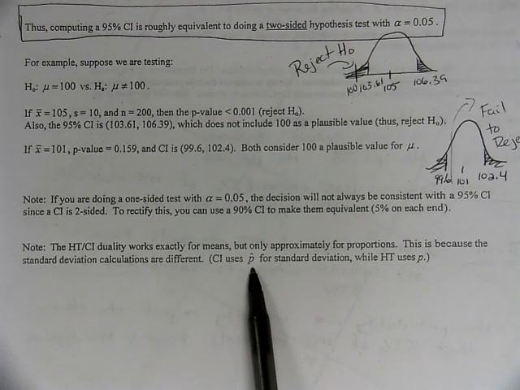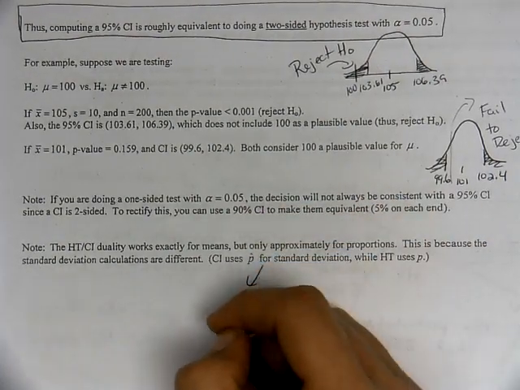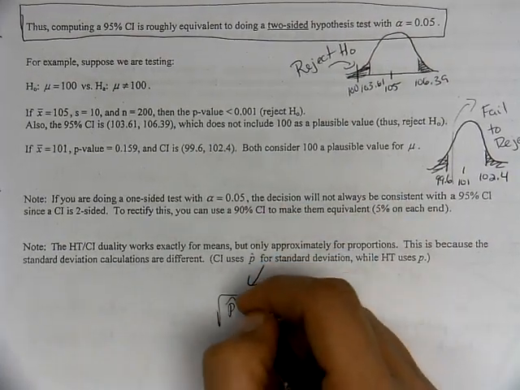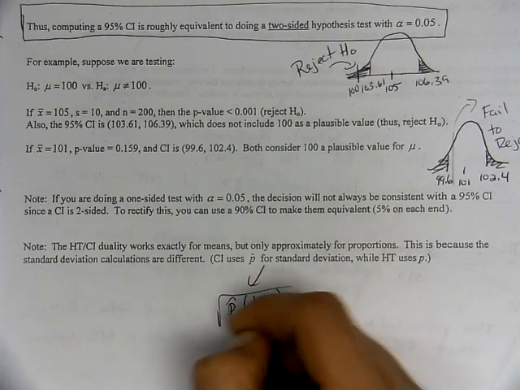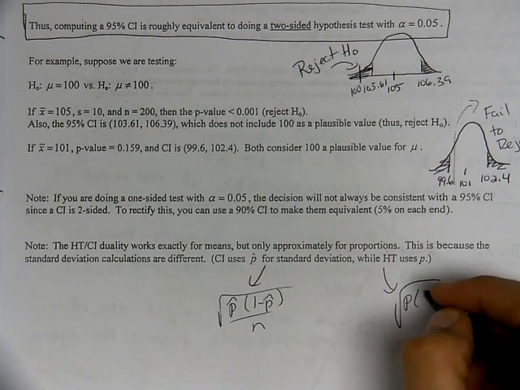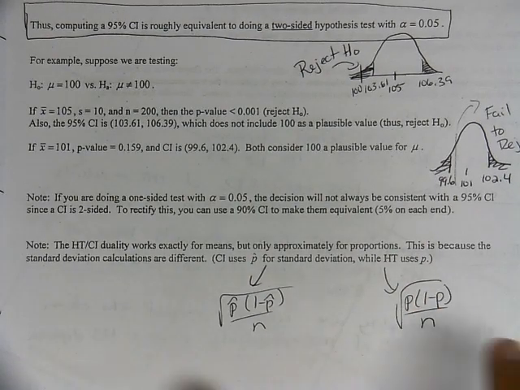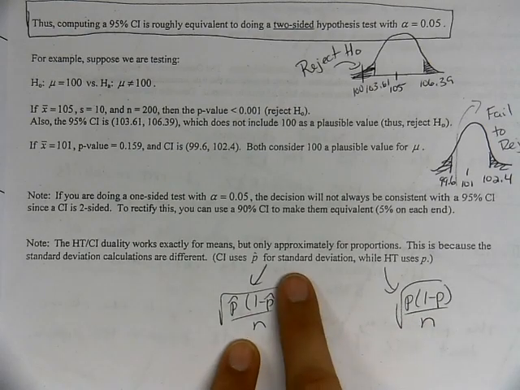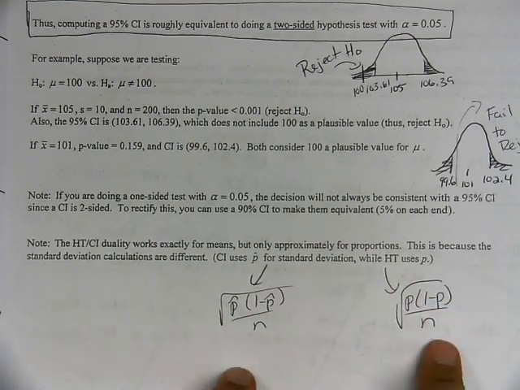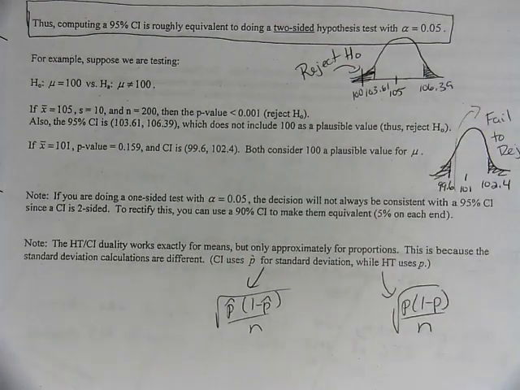In a confidence interval, we use p hat for our standard deviation: p hat 1 minus p hat over n. But in a hypothesis test, we use p 1 minus p over n. Because these are different, in a confidence interval, you don't have a p-value because we're not comparing it. So this whole situation doesn't work as well.